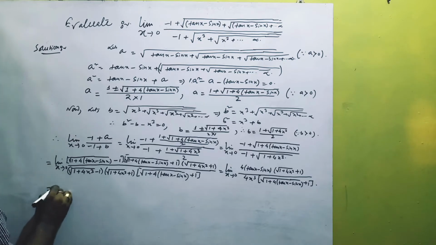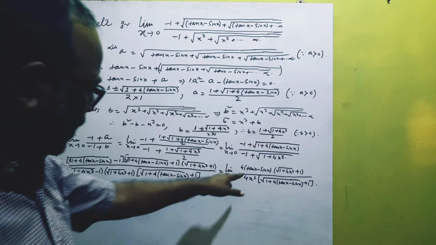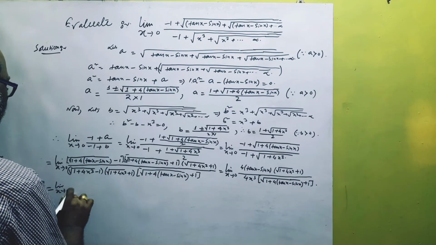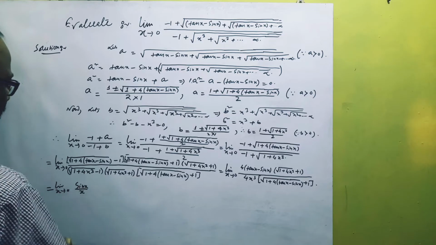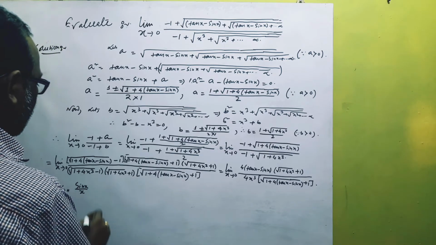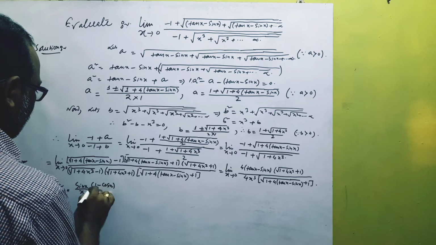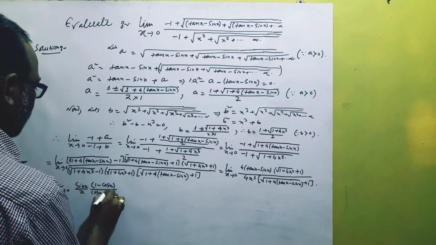See, this is the limit as x tends to 0, and take common sin x by x. Take common sin x by x. Then we have left 1 by sec x minus 1. So that is (1 − cos x)/cos x, into x³.